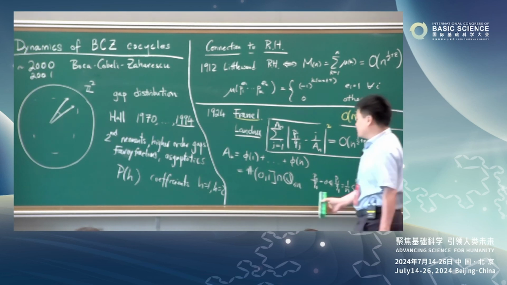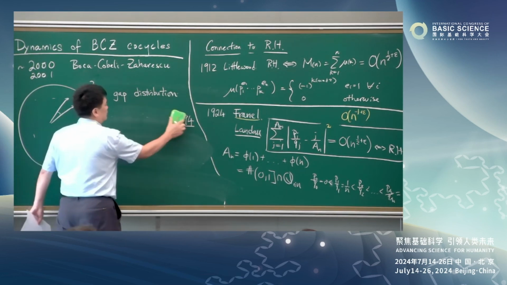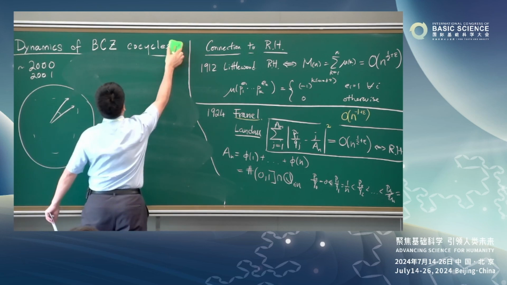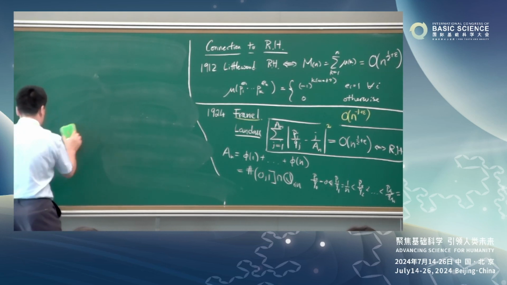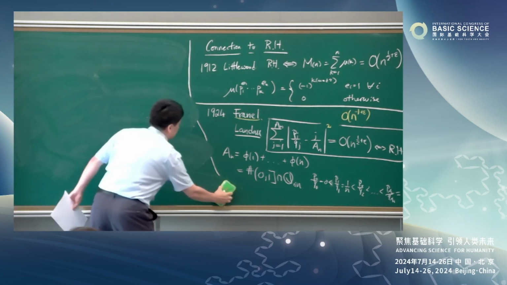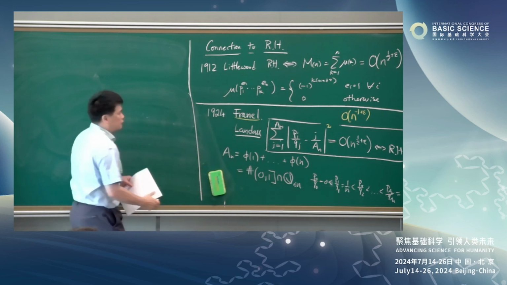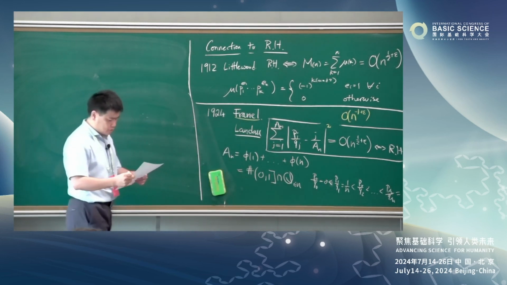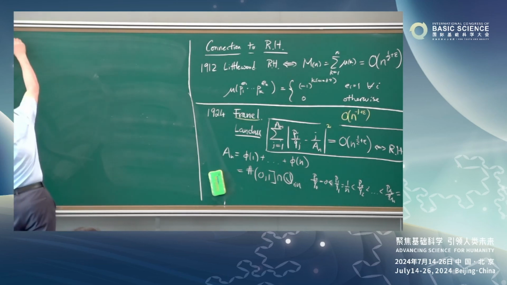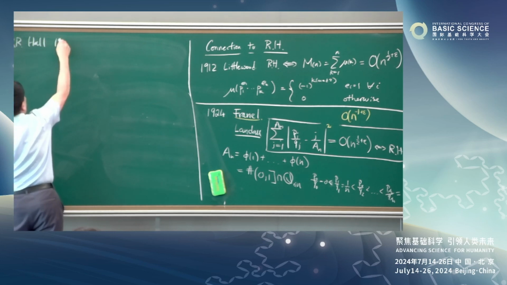I don't see anybody trying to do that directly, at least I'm not sure if I'm missing something from the literature. But so far as I can tell, the first time that people moved in this direction was the paper of Hall, as I mentioned earlier, in 1970.